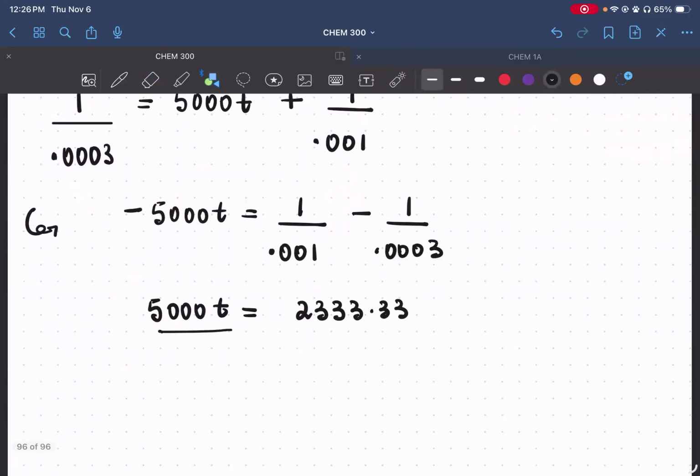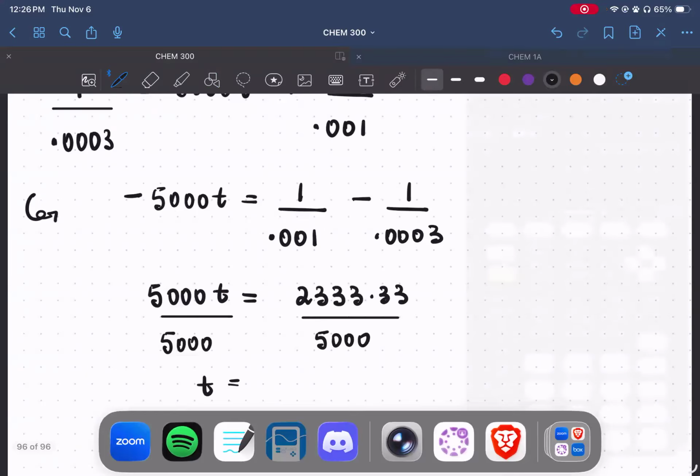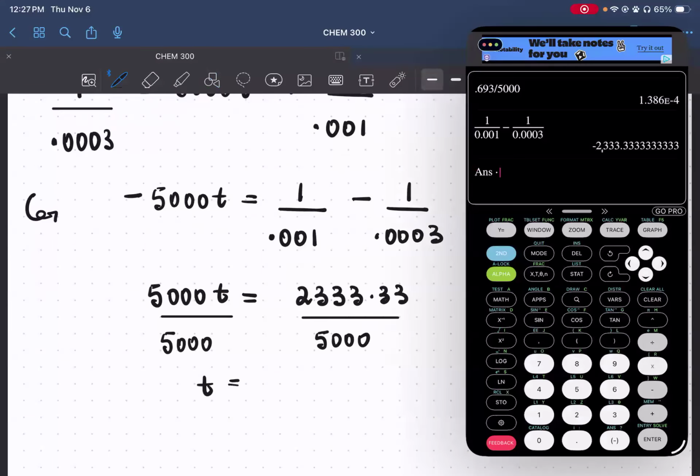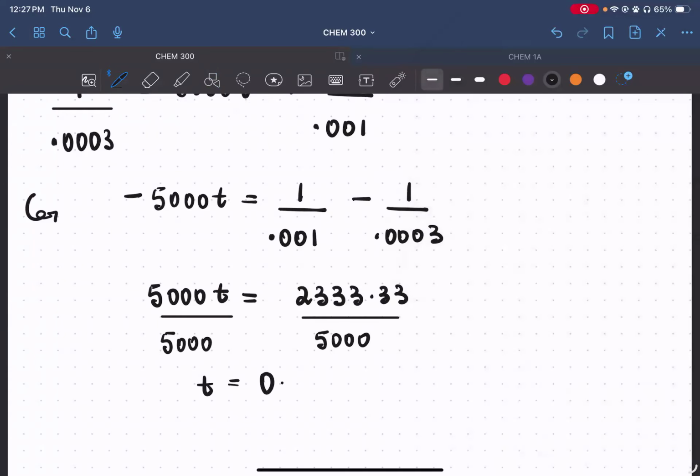To get t alone, we divide by 5,000. Put this value into our calculator. Let's first get rid of the negative. That's easy. Divide it by 5,000. Looks like this is 0.47. Of course, the question is being asked about time.